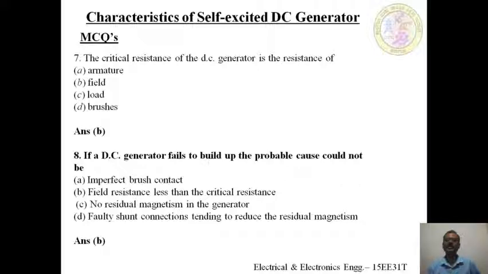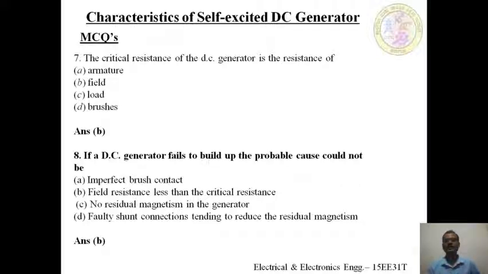But here, if a DC generator fails to build up, the probable cause could not be: imperfect brush contact, field resistance less than the critical resistance, no residual magnetism in the generator, faulty shunt connection.